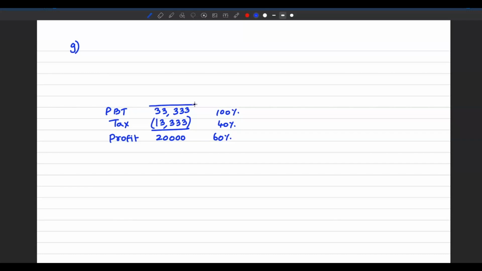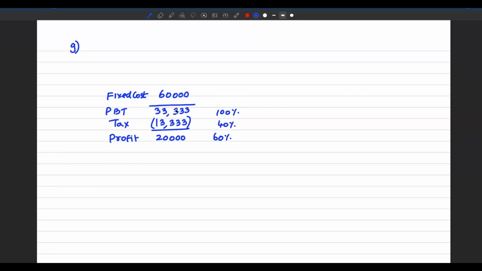Okay, right. And now this PBT is arrived after subtracting the fixed cost from contribution. Okay, and when I say fixed cost, I will take the fixed cost given in the base question, not what is given in F. F is a specific scenario. The fixed cost given in the base question is 60,000.